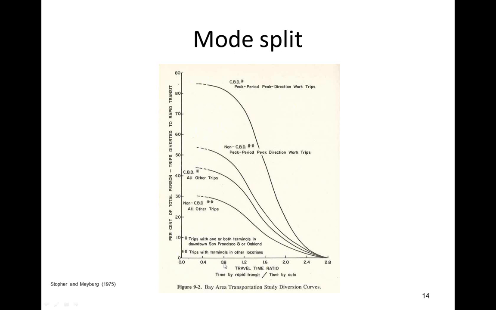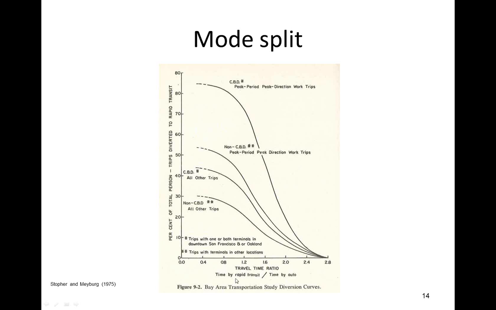While more modern techniques use the logit model, this empirical curve shows that there is a competition between services. It's essentially a competition between the rapid transit service and auto.